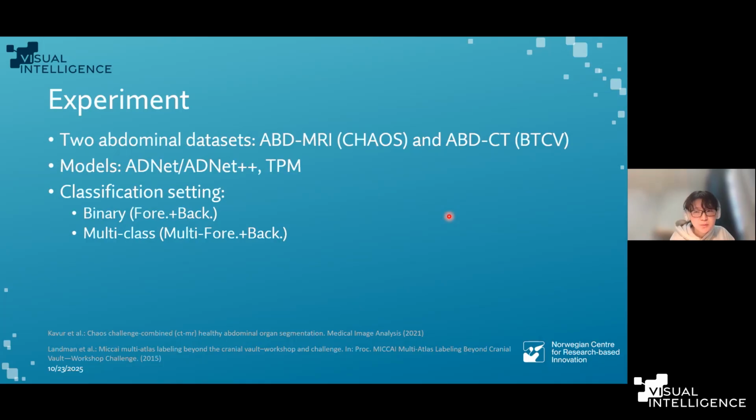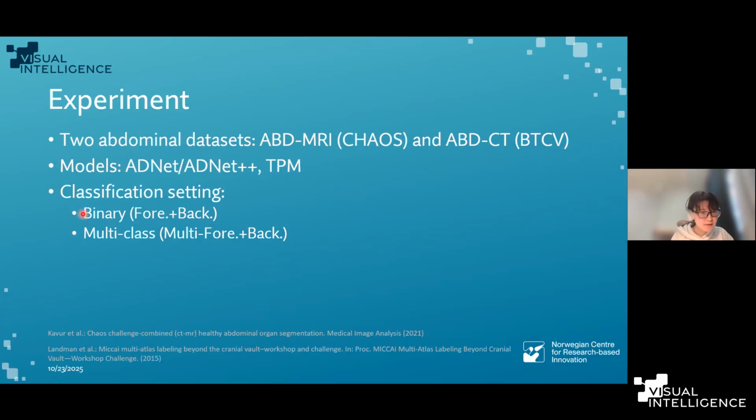And in our experiment, we used two abdominal datasets, abdominal MRI and abdominal CT. We compared previous IO separation models, ADNet and ADNet++, with our model, TPM. And we considered two settings, binary segmentation and multi-class segmentation.